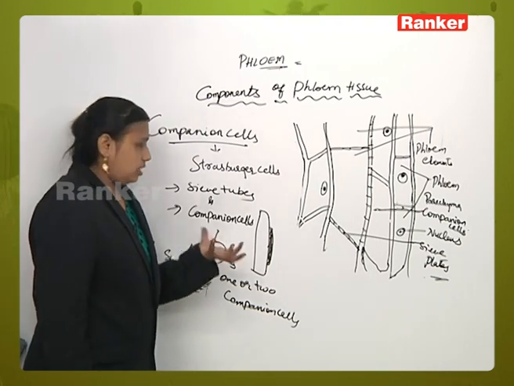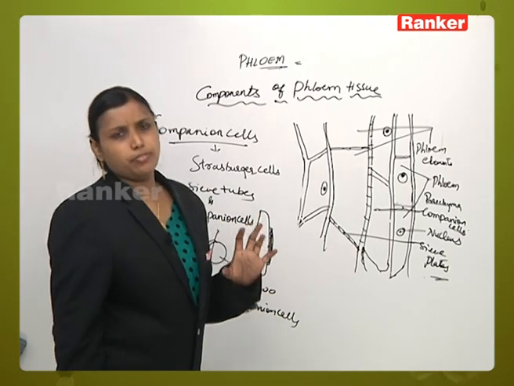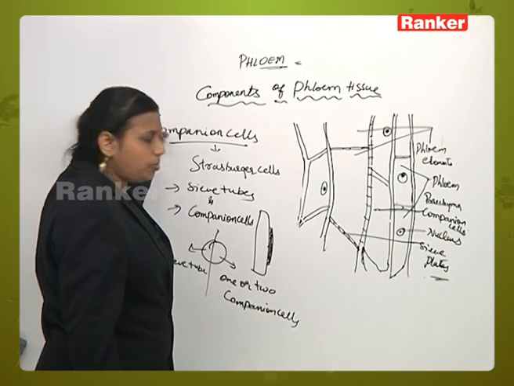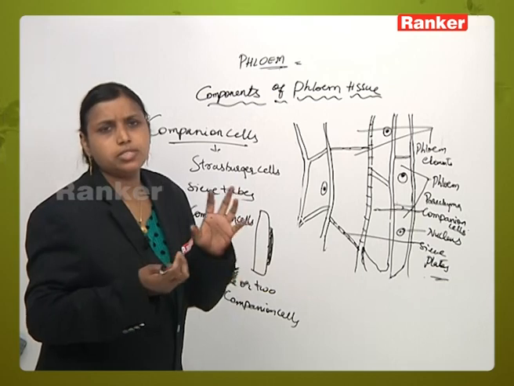So what does this say? The origin of the companion cell is basically the same as the sieve tubes. Whatever origin applies for the sieve tube applies for the companion cells, because sieve tubes and companion cells originate from the same mother cell.